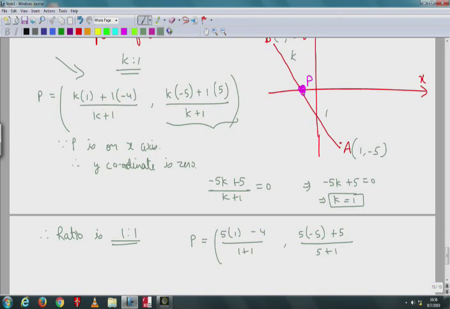Oh sorry, for k we have to put 1. So now you can check, 5 minus 4 is 1, so it is 1/2 comma 0. So this is the coordinate of point P. So two parts are there in this question: finding the ratio in which it is divided by the x-axis, and the point of intersection. The point of intersection is half comma 0 and the ratio is 1:1.